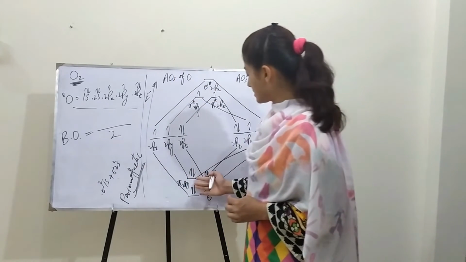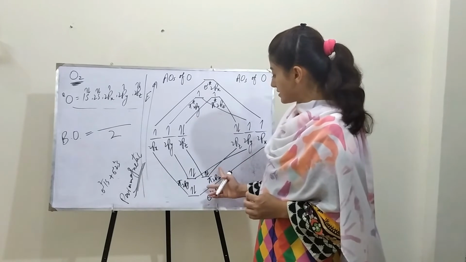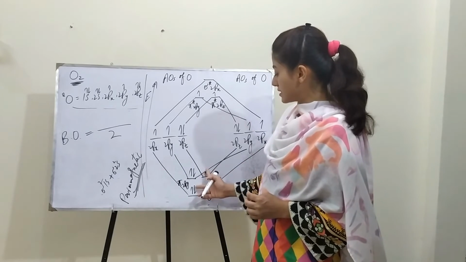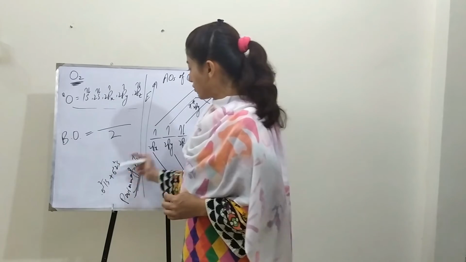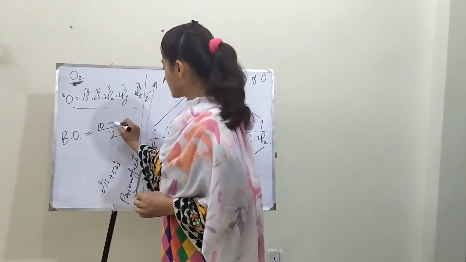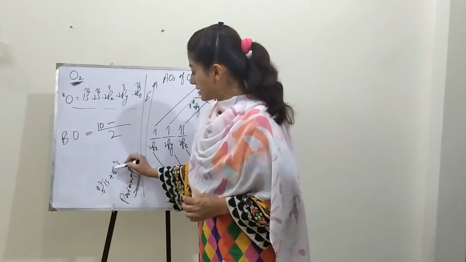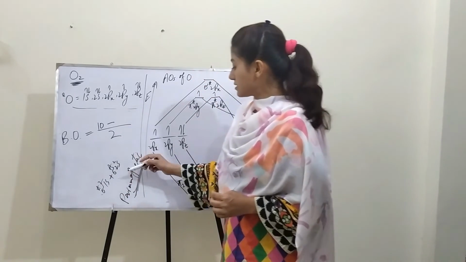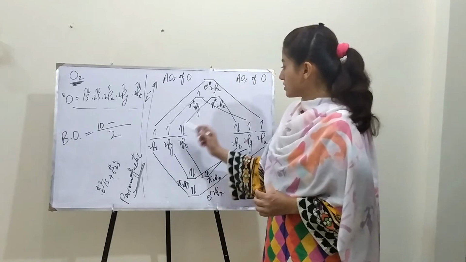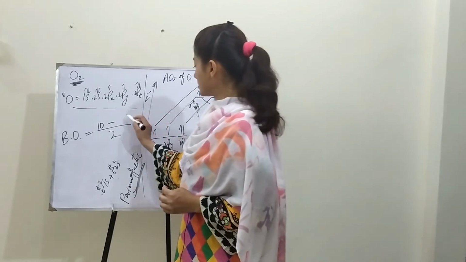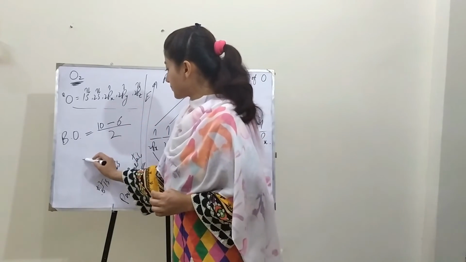These were 4 electrons in bonding molecular orbitals, and here these 3 bonding molecular orbitals contain 6. So 4 and 6, total 10 electrons, and minus again sigma star 1s and sigma star 2s also contain 2 electrons. So these 4 and these 2, 6 electrons over here.